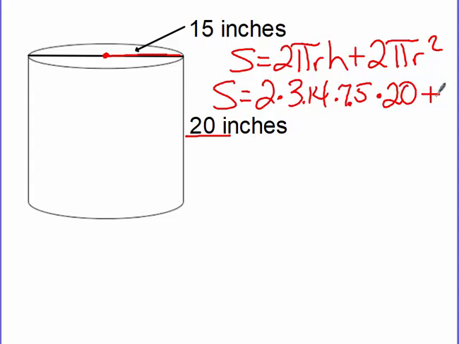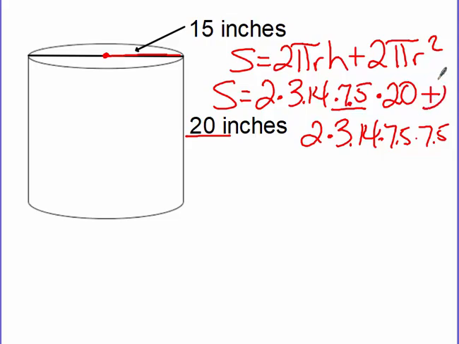So plus, and then 2, the formula says 2 times pi, which is 3.14, times the radius times radius, because that's what r squared means. Well, we found the radius in the first part of the formula, so we just use it again. 7.5 times 7.5. And then we go to our calculator and just type all of that in. Now we have to be very careful.